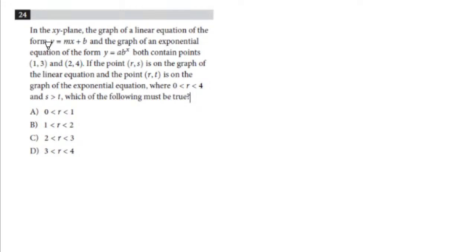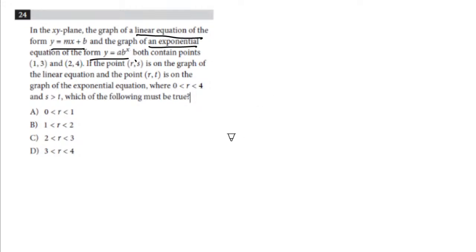In the xy plane, the graph of the linear equation of the form y equals mx plus b, and the graph of an exponential equation, both contain points.